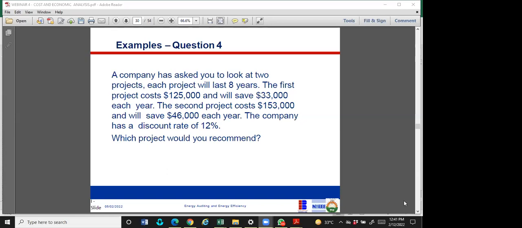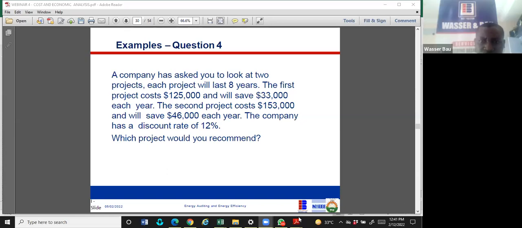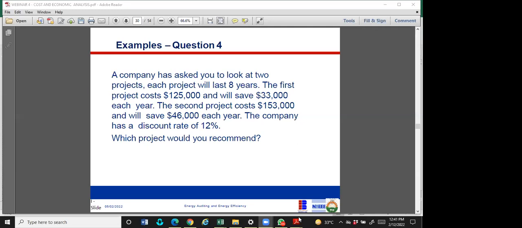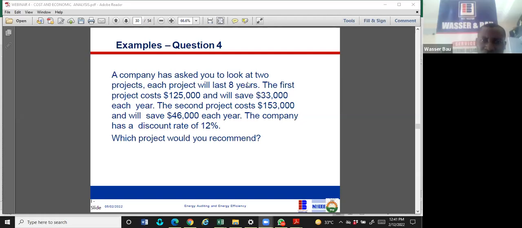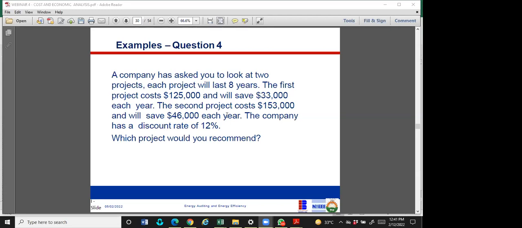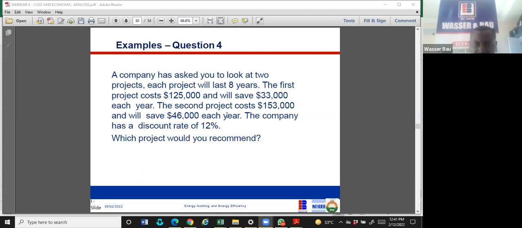So we're going to solve this now. What you do basically for this question is you treat these 2 projects as 2 independent projects, because they want to know which of the projects they will take. You can use the NPV method, the present worth method, or the annual worth method.